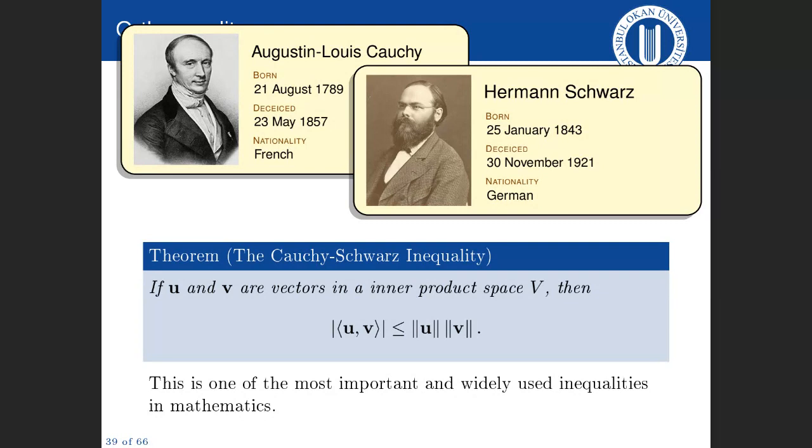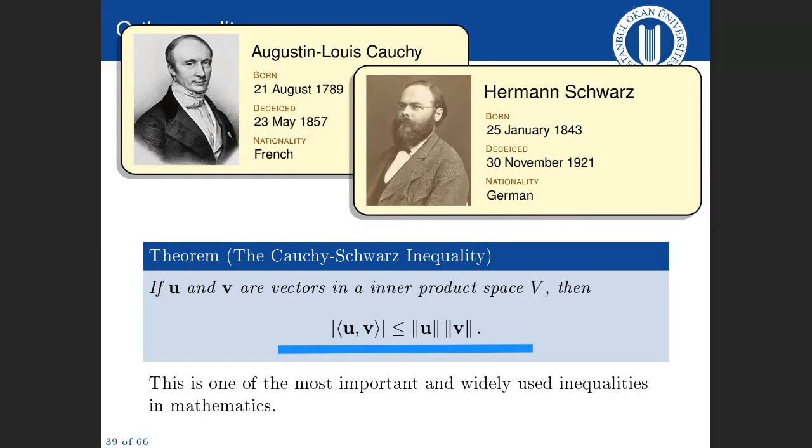And this one says, if U and V are vectors in an inner product space V, then the absolute value of the inner product of U and V is less than or equal to the norm of U multiplied by the norm of V. This might not look that impressive the first time that you see it, but it comes up many, many times in some parts of mathematics.